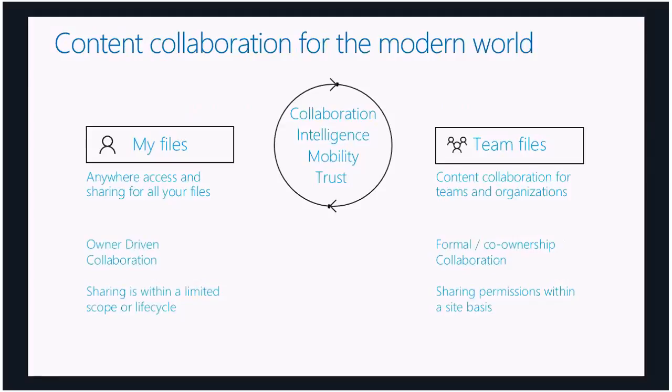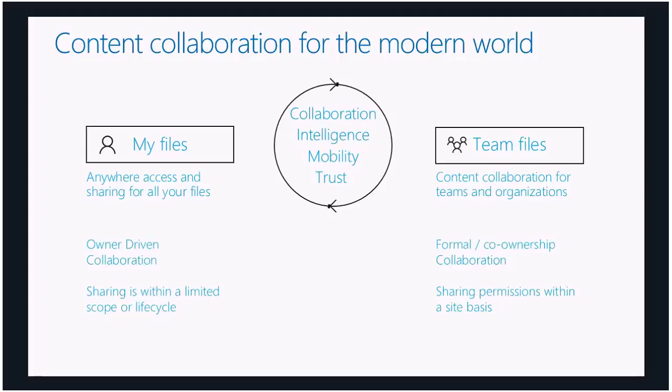And the team sites are a SharePoint site collection or a SharePoint modern experience team site. So your team and several users are able to access that SharePoint team site.